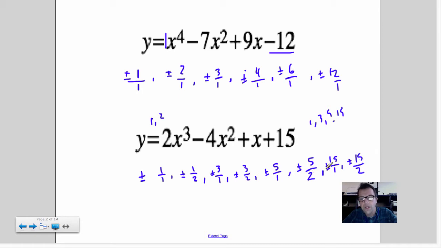So again, 1, 2, 3, 4, 5, 6, 7, 8, and there's 2 of each. There'd be 16 possible rational numbers, and one of those would be a zero of this polynomial.